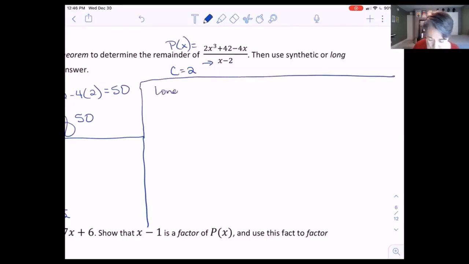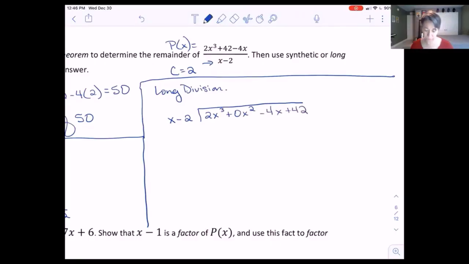So let's review long division. Our divisor is x minus 2, and we're dividing into, but we still have to put it all in descending powers. So we have 2x cubed plus 0x squared minus 4x plus 42.